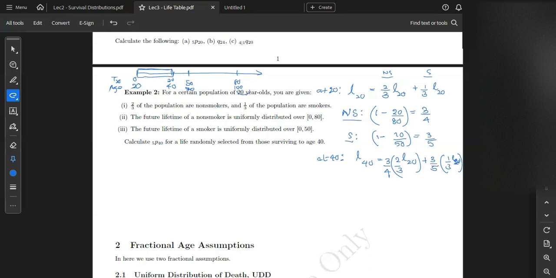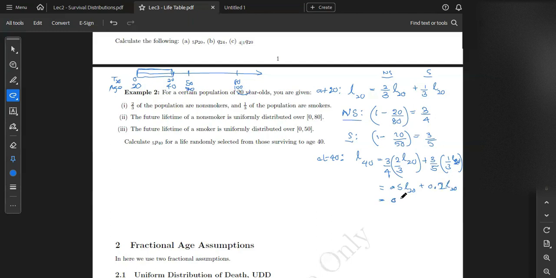So if we simplify this, we can see we can cancel out this one. It's 0.5 and this is 0.2.